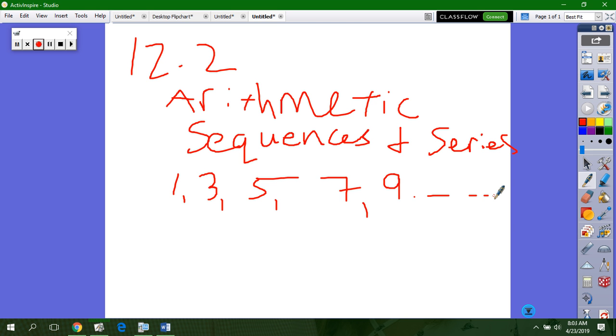So it's either adding or subtracting the same number over and over again. That is how you know if it's arithmetic. Now, when it is arithmetic, that means it is linear. Arithmetic means it is linear.